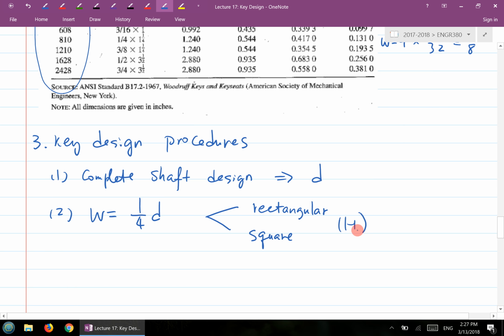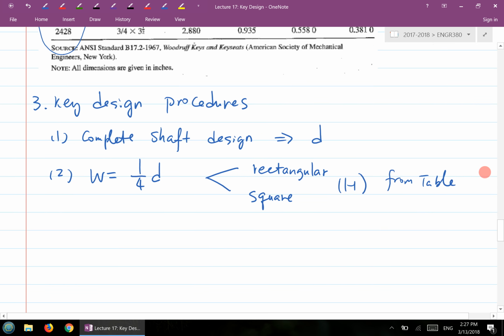That's where you would decide on the H. This is purely from the table. So these two are easy to obtain, and then it's the L we need to design. Before deciding the L, we need to specify the material.